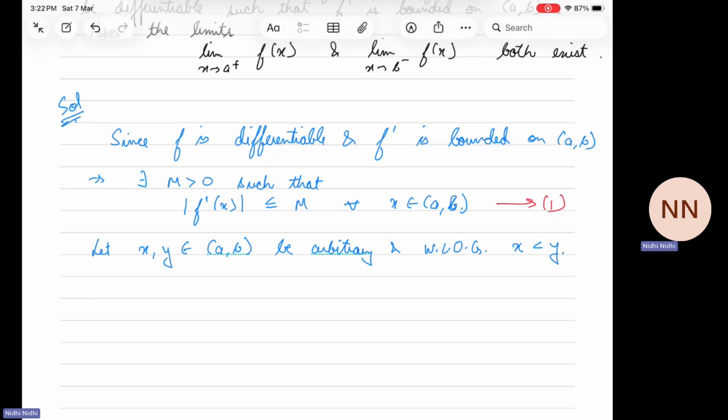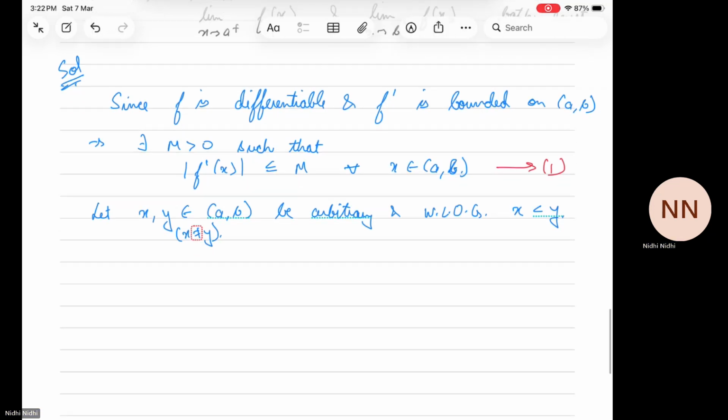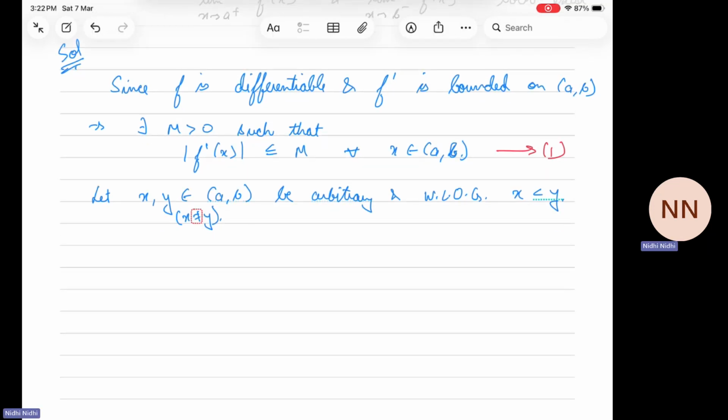So now, since f is continuous in closed interval [x, y], because obviously [x, y] is strictly inside this open interval (a, b), and since f is differentiable, therefore it is continuous as well.